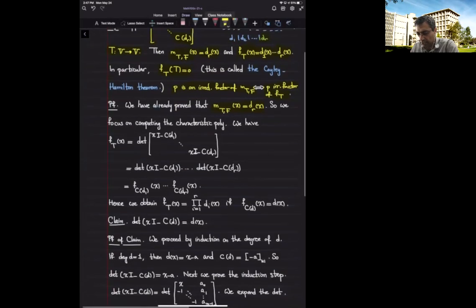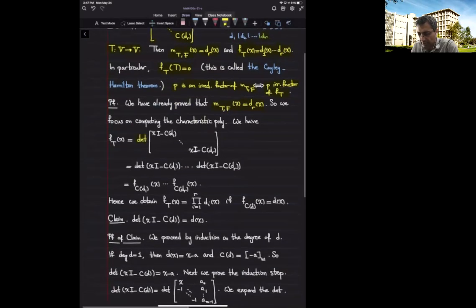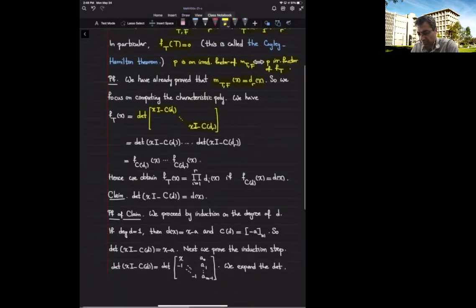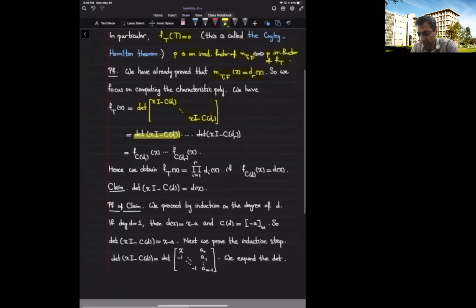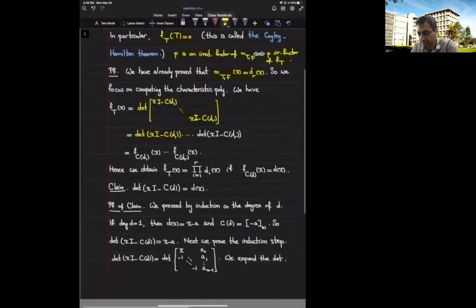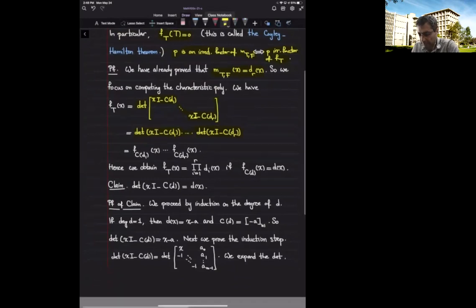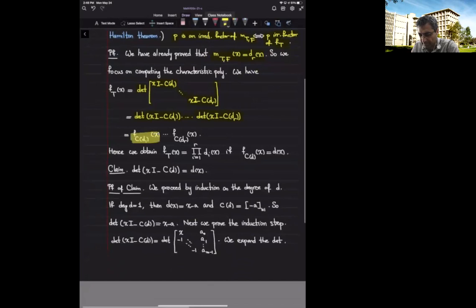That means I need to understand the determinant of xI minus this diagonal block form matrix. By the exercise, the determinant of this matrix is the product of determinants of these blocks. But the determinant of xI minus this companion matrix is nothing but the characteristic polynomial of the companion matrix.